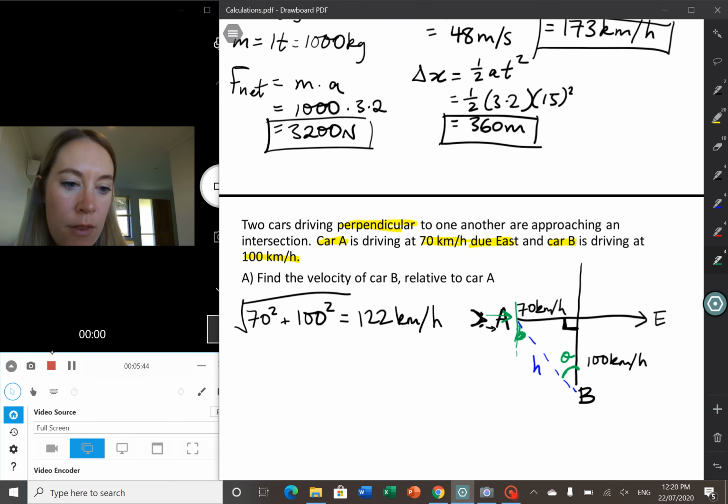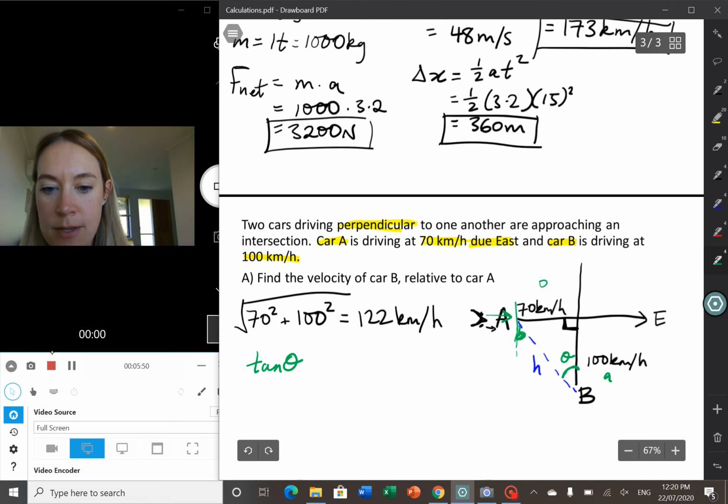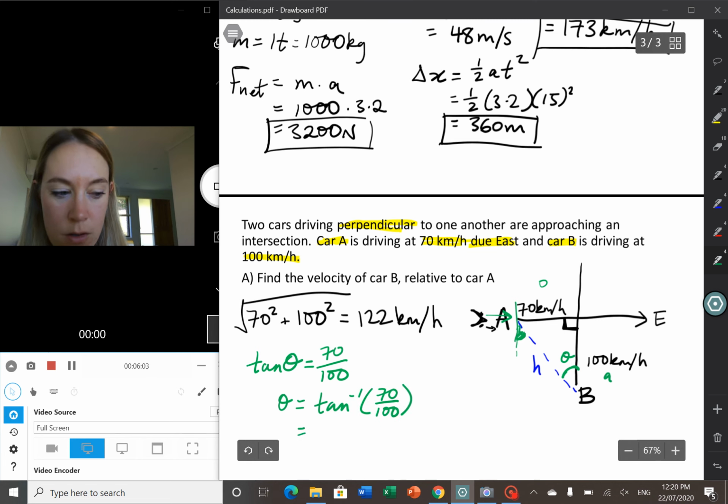So relative to this angle, this side is adjacent, this side is opposite. I'm going to use the tan, opposite over adjacent. So the angle is the inverse tan, which is going to be 35 degrees.